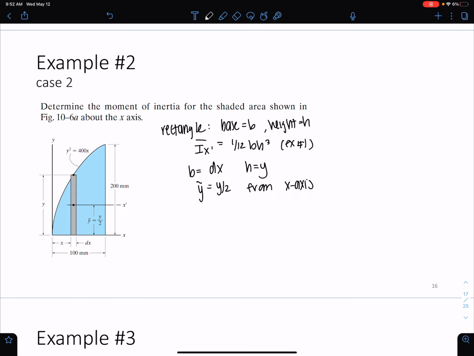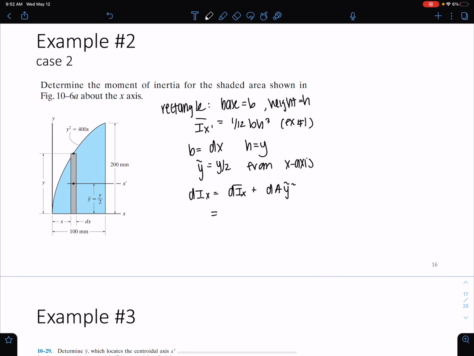So the moment of inertia about this axis, our dIx, would be dIx bar plus dA y bar squared. So if we plug everything in here, we have 1 over 12 for the rectangle, and then we have the dx times h cubed, plus now our y dx times y over 2 squared.